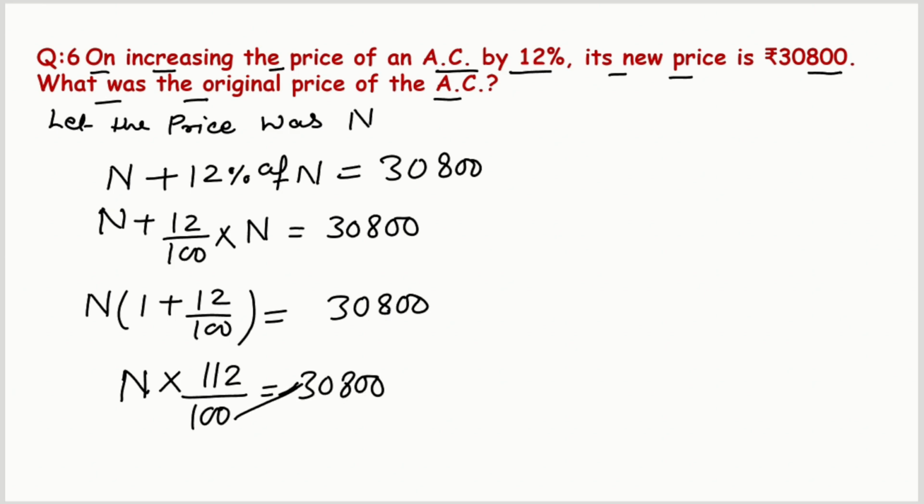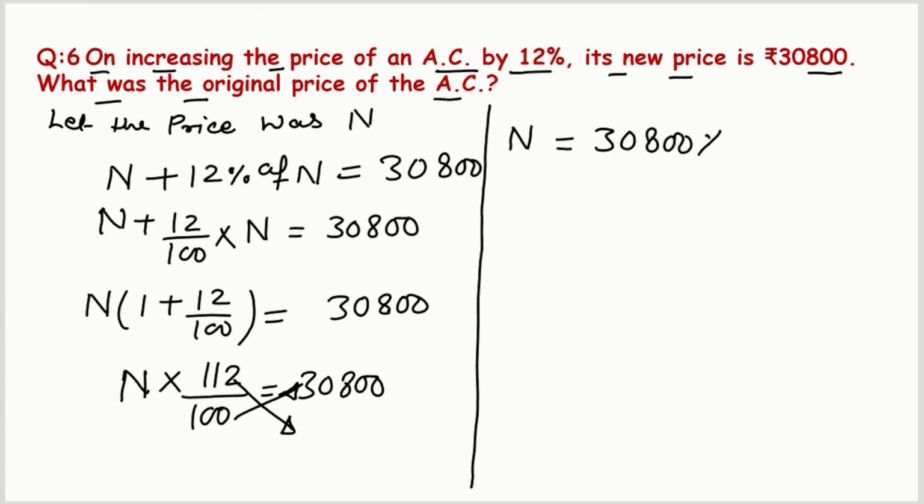Now transpose this to the numerator and this will come to the denominator. So N will be 30,800 times 100 over 112. Now 4 times, we will cancel these two numbers with the 4. 4 times 2, 4 times 8.